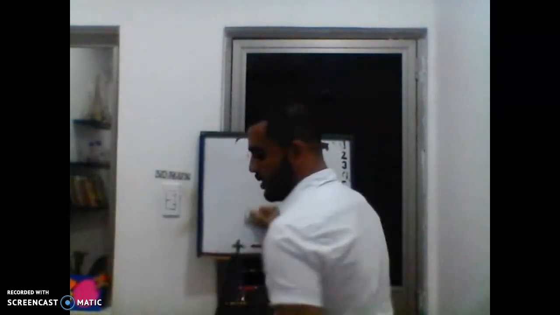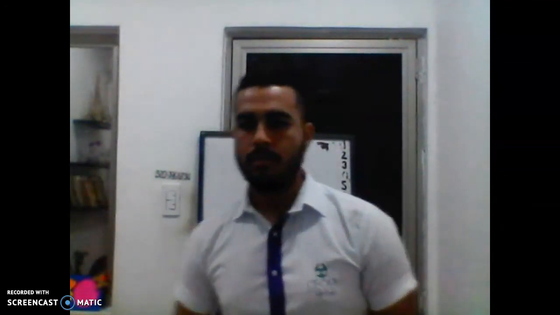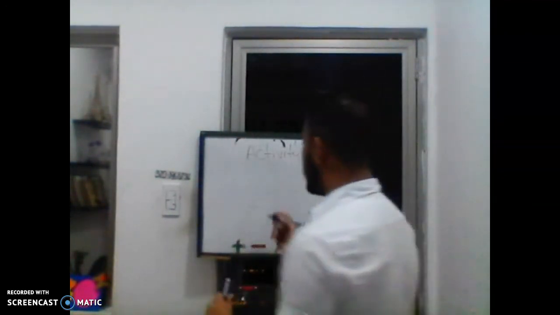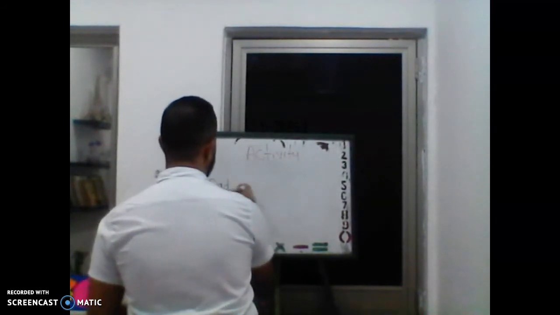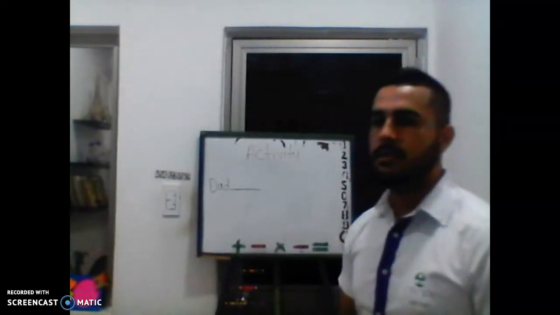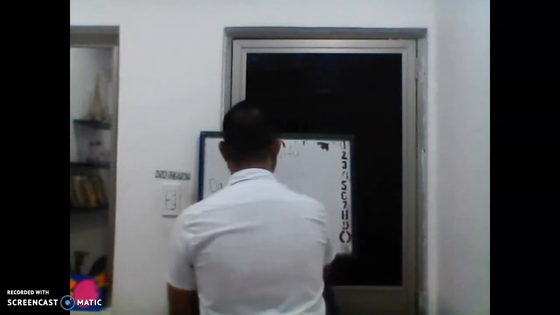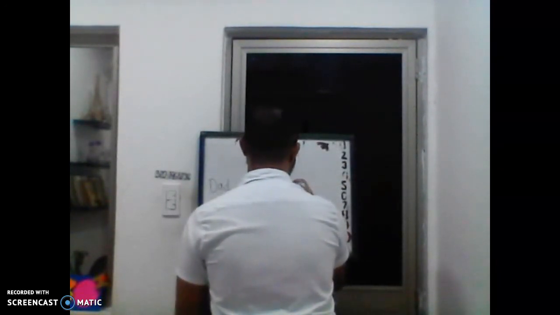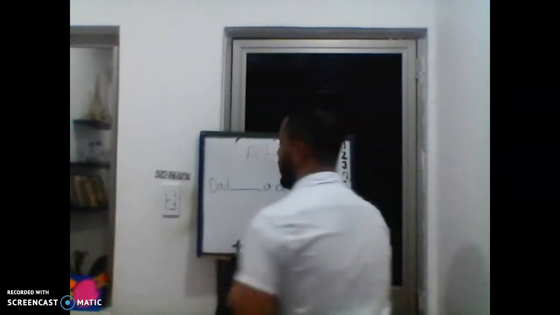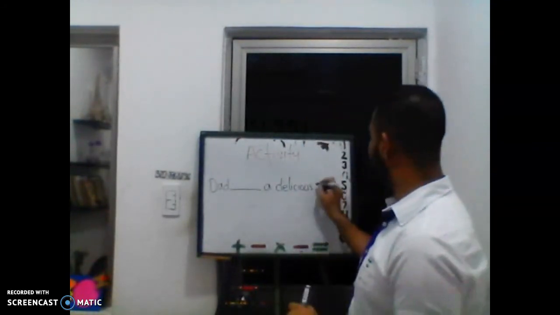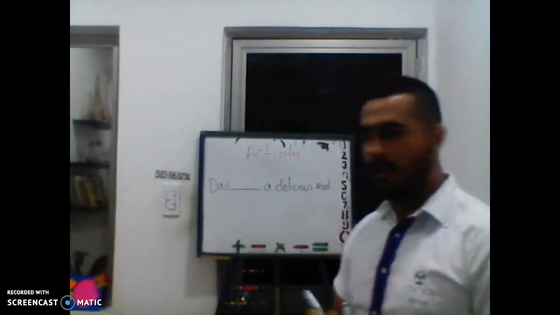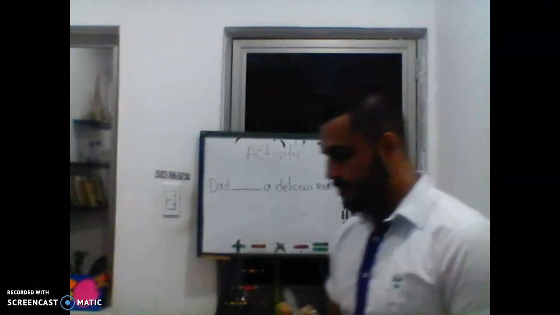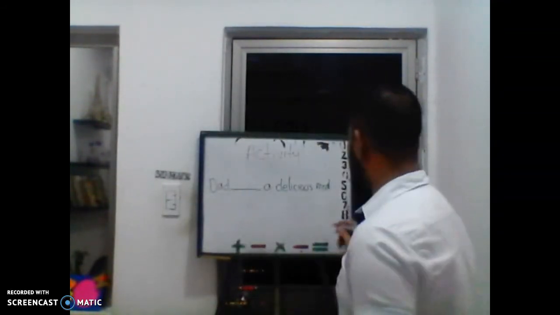So, the other sentence: space a delicious meal. Well, meal. What is the verb?